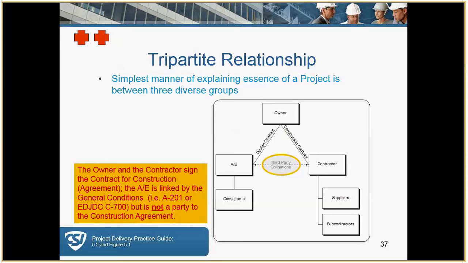A note that the chapter has, and this is true, is that it's really important to not mix contracts. So you'll see throughout your study materials references to the AIA documents as well as the engineering contracts. And also the contractor, AGC has their own version of contracts.